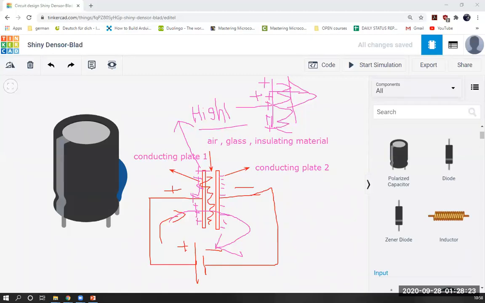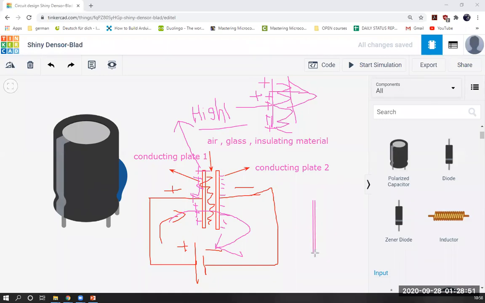Then some of you have been asking: when the amount of gap reduces in the capacitor, what will happen? If the gap reduces, then the capacitor will conduct very early. Meaning, if we have two plates and the gap between the two plates is very small, what will happen?